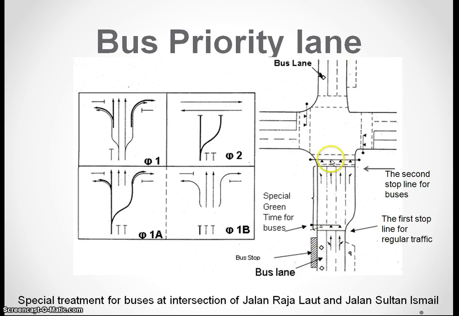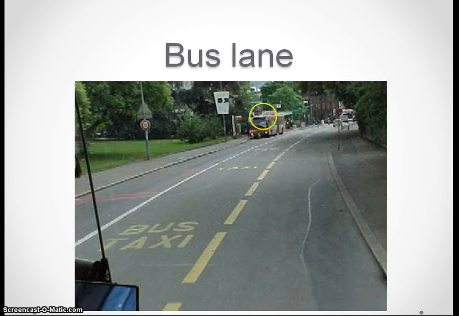Let's say we have two lines of traffic light here, so for these 2 lanes we put red, so every other vehicle will stop, but for the bus, through the bus lane, it is green, so the bus can fill up this front area, and then when it is green, the bus will go first. And this is an example of a bus lane. I took this one in Geneva about, I think, seven years ago.